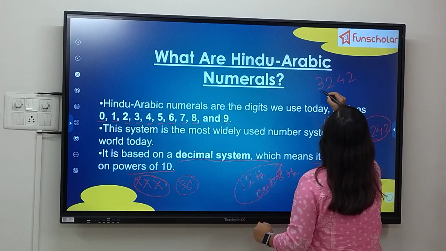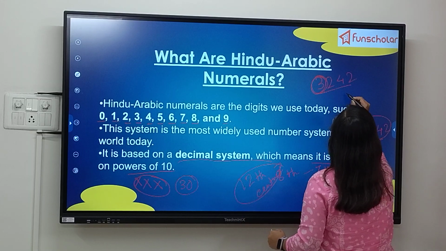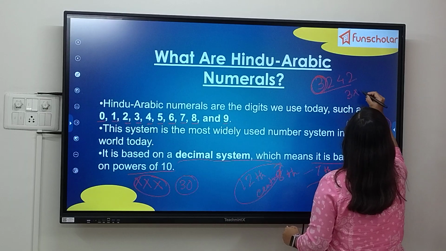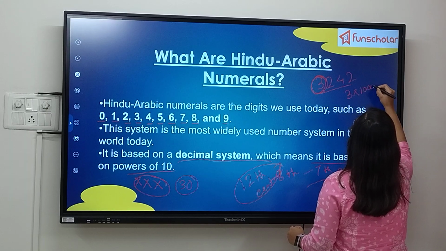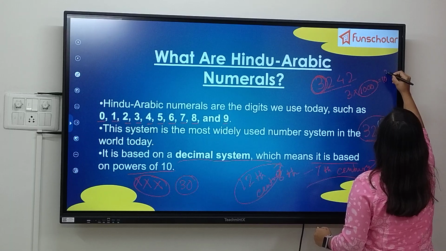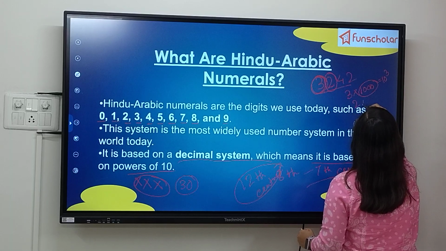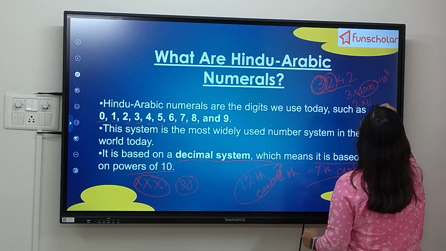How? Let's see. This is the 3000 place. Now 3 into 1000, and we can write this 1000 as 10 to the power 3. If we take this 2, it comes as 200, and we can write 200 as 2 into 10 to the power 2.